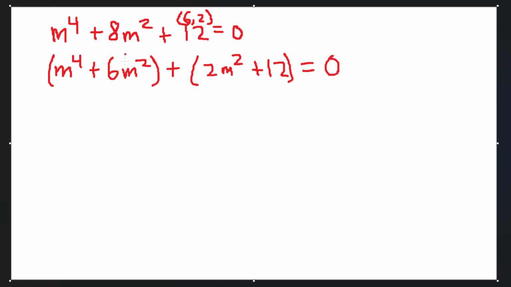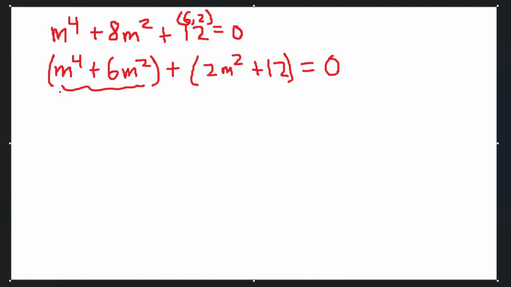Okay, so here we have the 6 times 2 equaling the 12, 6 plus 2 equaling the 8. The 6 and the 2 are separated into two different groups. So now for this first group, we want to see what is the biggest variable and or number that we can take out of this group.